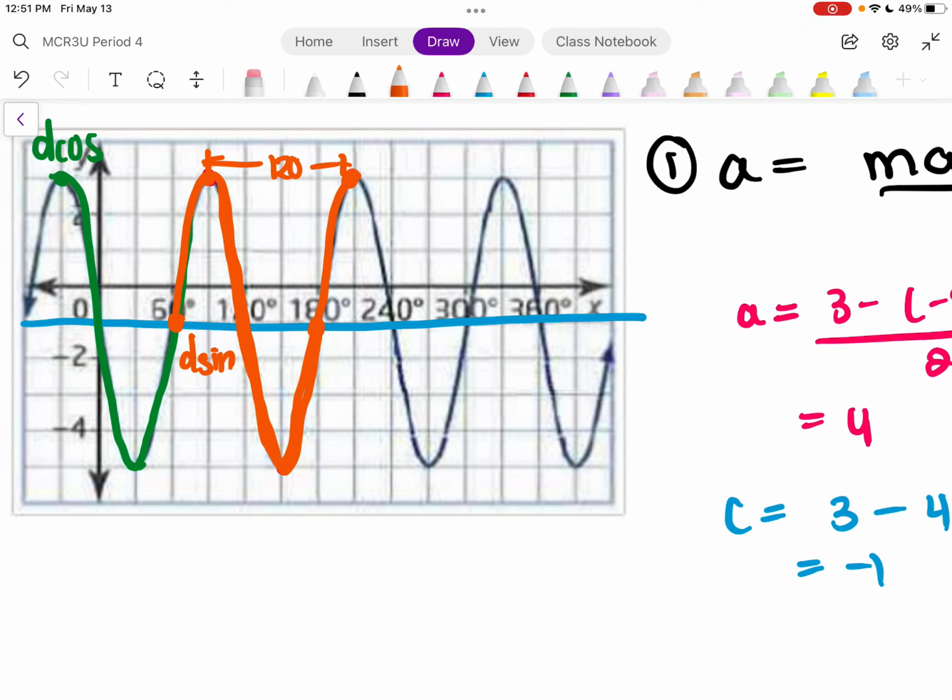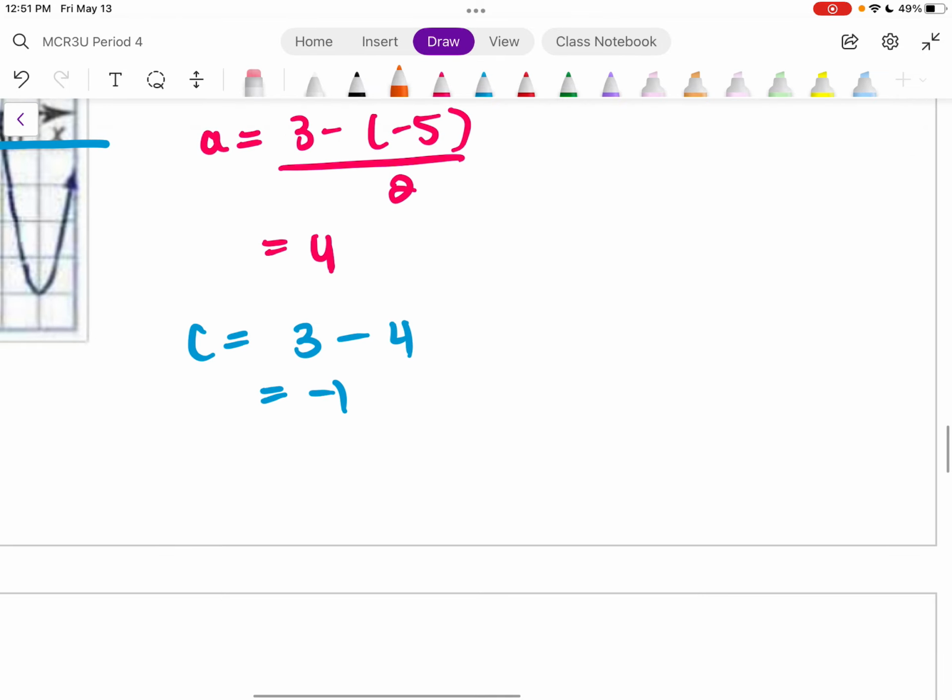So I just did 220-ish minus 90, or whatever these two are, and then I got 120. Or I could have done 180 minus 60, which also would have gotten 120. So my K is going to be 360 divided by 120, which gives me 3. So my K value is 3.